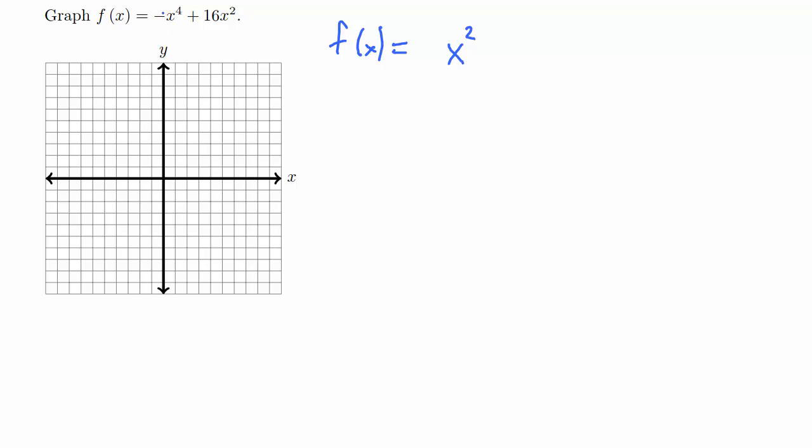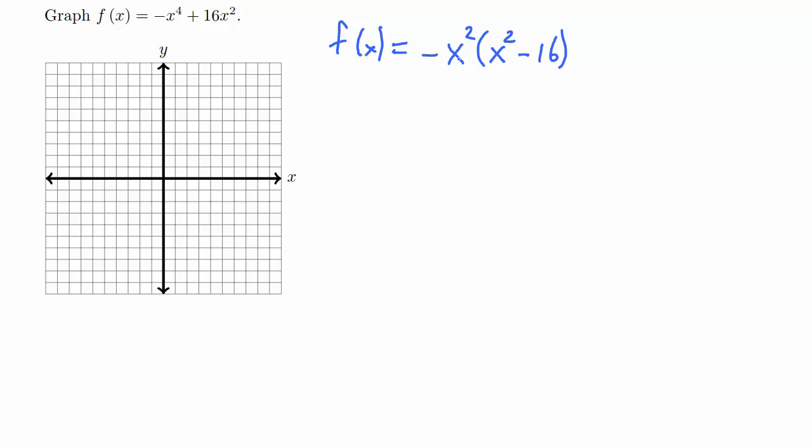But I don't like having a negative leading coefficient out here, so I'm actually going to factor out a negative x squared. And when you factor out a negative x squared, you have to divide every term by negative x squared. So negative x to the fourth divided by negative x squared is positive x squared. And 16x squared divided by negative x squared is negative 16.